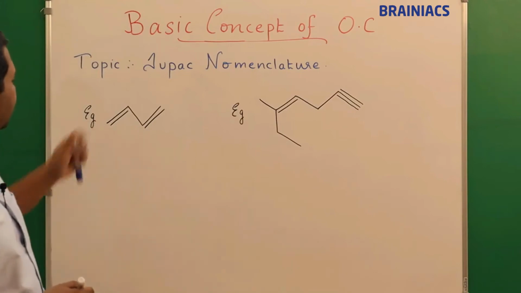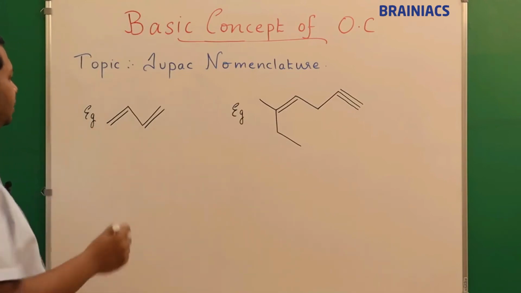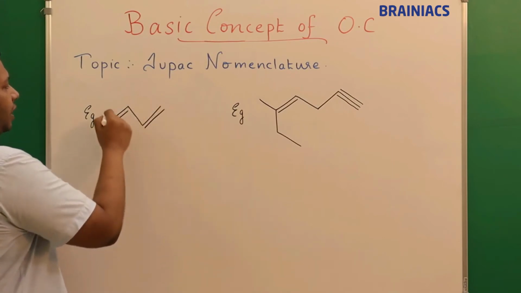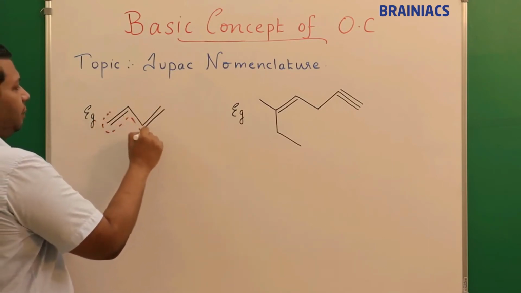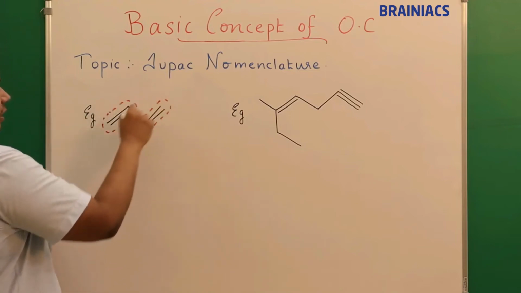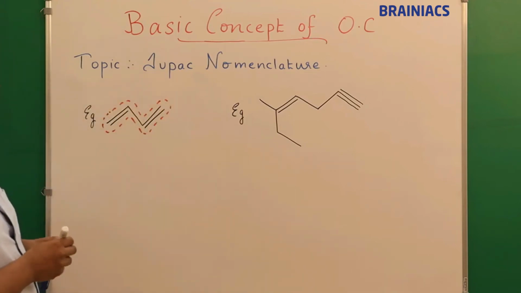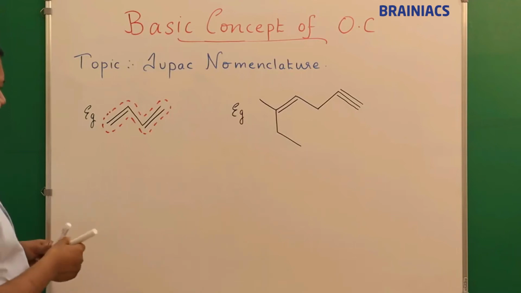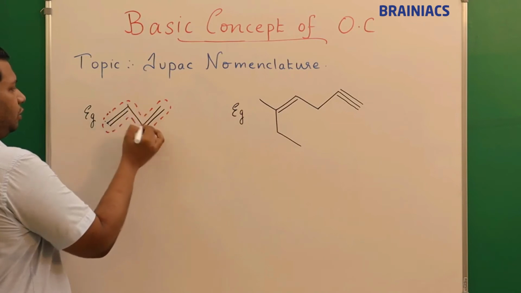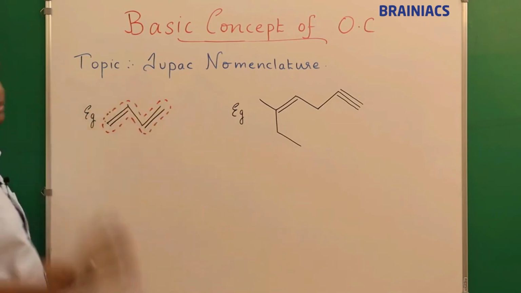Okay. So coming to the next example, you can see here double bonds are there. There is no functional group and there is no branching. So this is my parent carbon chain, correct? Now how many carbon atoms are there? As you know, by slicing we could understand 4 carbon atoms are there.